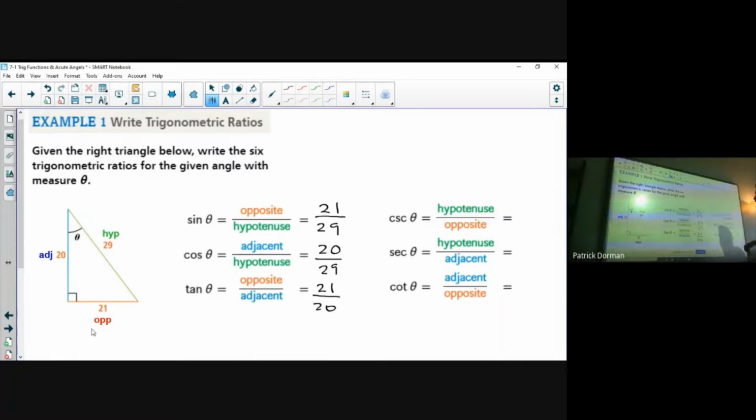Cosecant is hypotenuse over opposite. And then secant theta is hypotenuse over adjacent, or 29 over 20. Cotangent is adjacent over opposite, or 20 over 21.